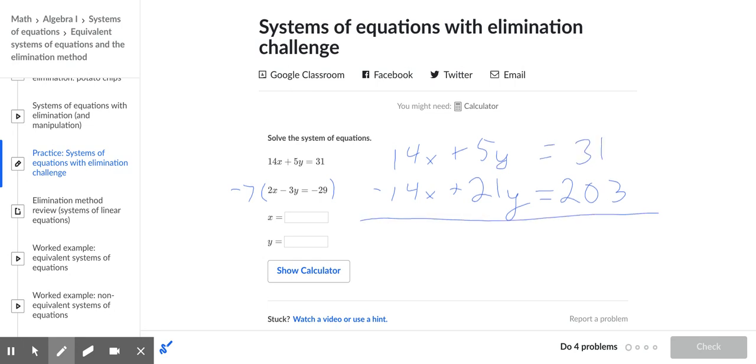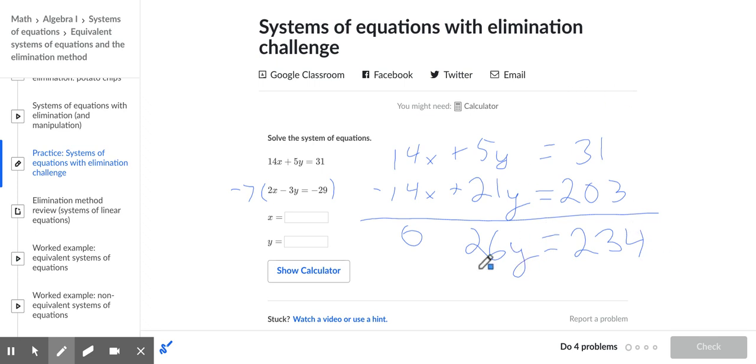So I'm just adding them together. We have 14x minus 14x is 0, which is what I wanted. That was why we multiplied by negative 7 in the first place. 5y plus 21y is 26y. And 31 plus 203 is 234.